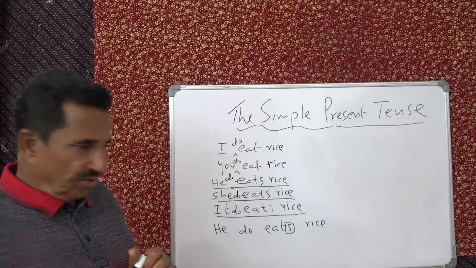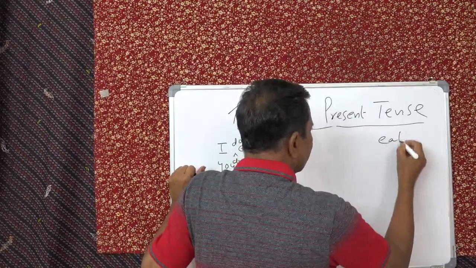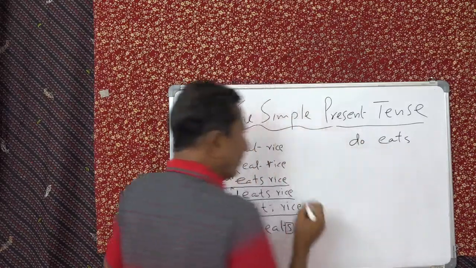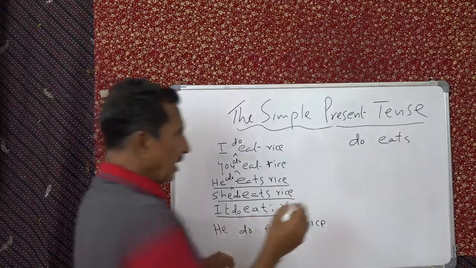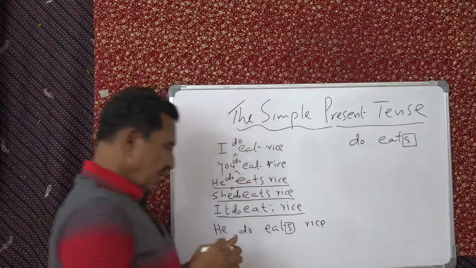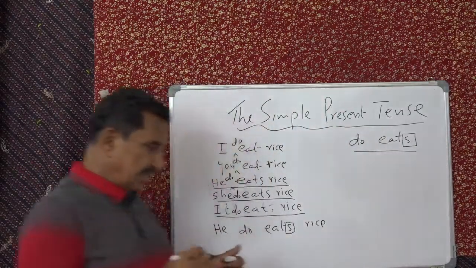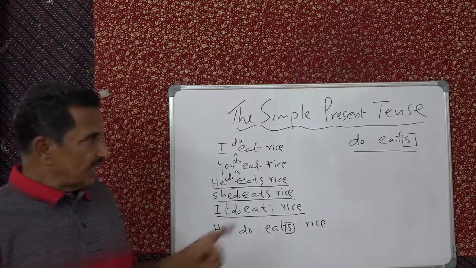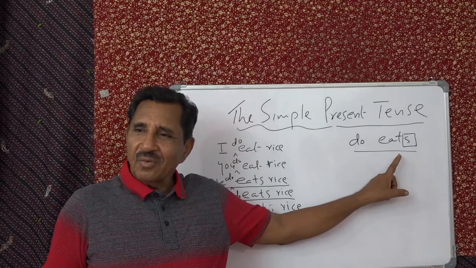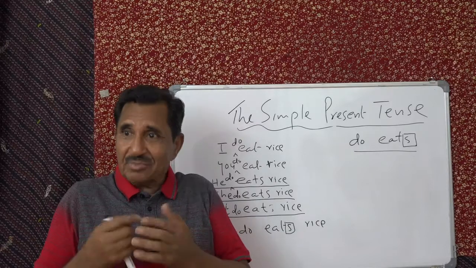We will not make it. So, what happens here is eats. Now you are inserting do eats, and the S is the tense marker. When there are two words for a tense, only the first word can carry the tense marker.